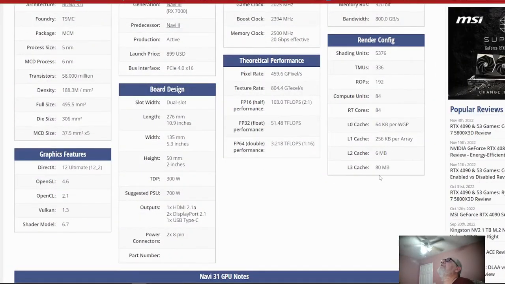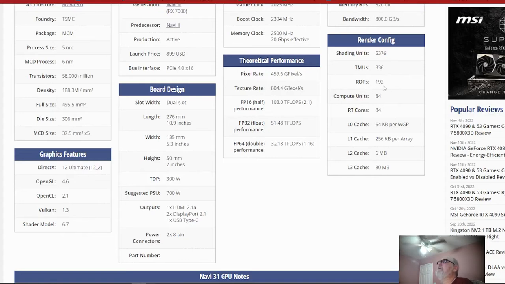Okay, they got an L3 cache of 80 megs, an L2 cache of 6 megs, an L1 cache of 256 KB per array, depending on how many arrays this has, and 64 KB per WGP. And it has 84 RT cores, and that's basically 84 compute units.